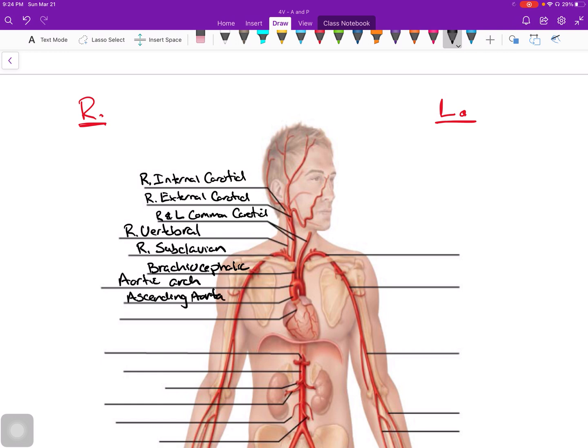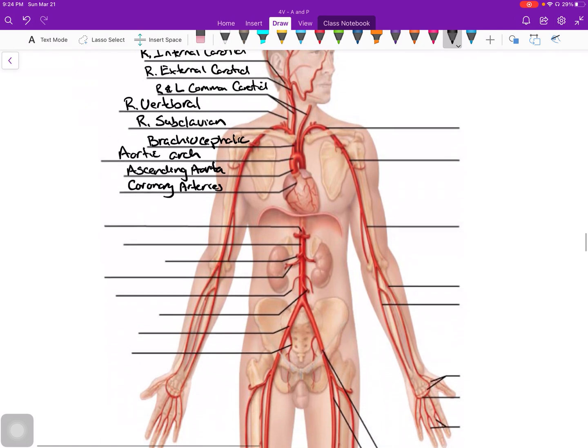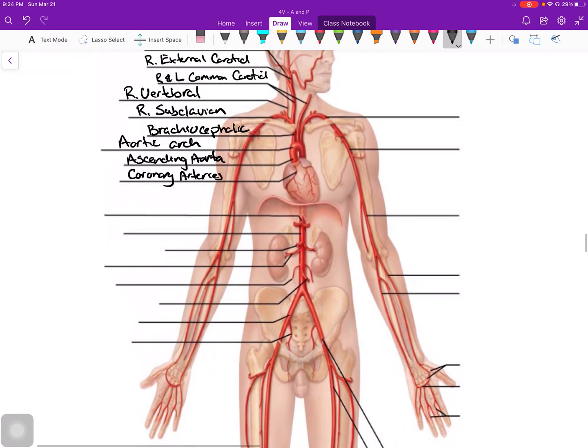We'll continue on down the right-hand side of the body, and then we see the coronary arteries. They're serving the blood flow to the heart itself. And as we continue on down, we have what is known as the trunk. I'm going to circle this right there because, as I said, a trunk is a main line. So that's the celiac trunk.